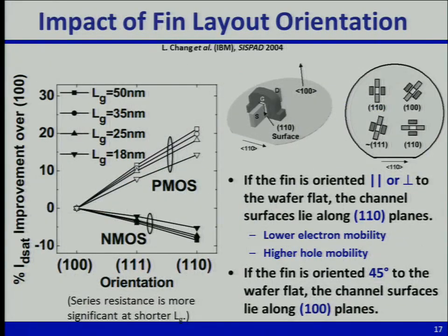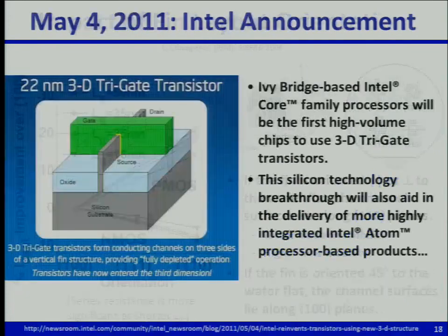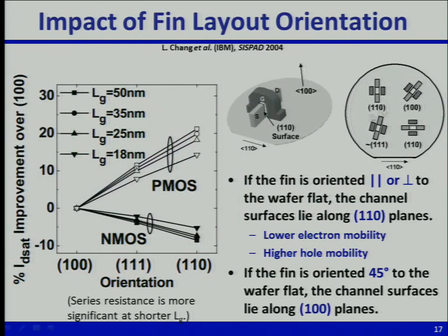If you actually have silicon etched as a fin, the sidewall surface orientation is different. The normal silicon wafer surface is 100. The sidewalls, if you orient the transistor like in a normal layout, will be 110. So you remember which plane is the best for hole mobility? 110, right? But that's actually not good for electrons.